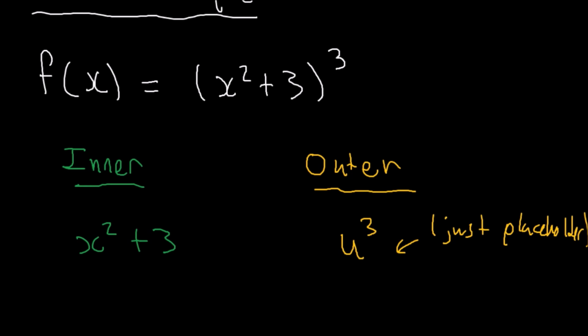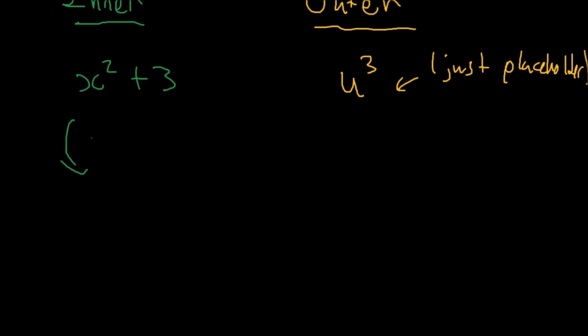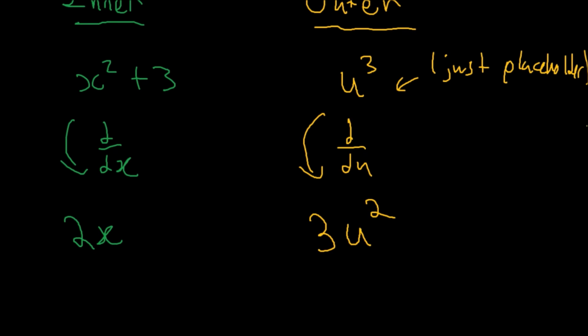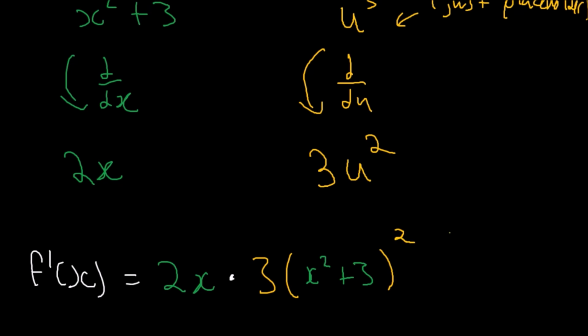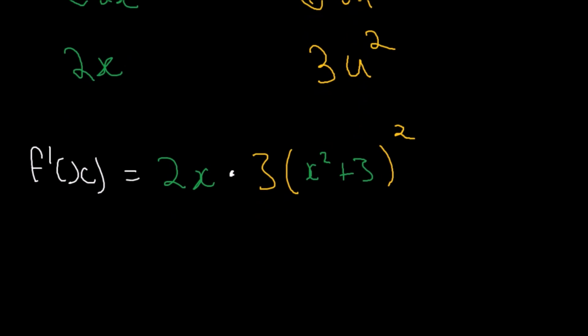It's just a placeholder for an input variable. So the derivative of an inner function is 2x, and the derivative of the outer function is 3u squared. Altogether, f prime of x equals 2x, the inner derivative, times 3 times x squared plus 3 all squared. Simply replacing the placeholder u with the inner function.